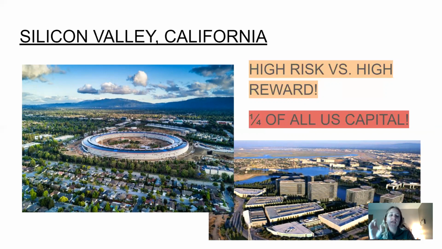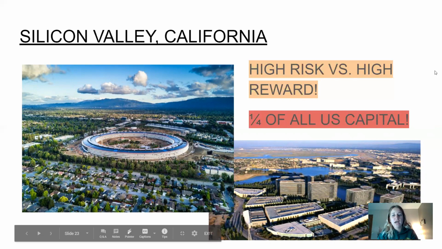So what's happening in Silicon Valley, California is the most important factor in the clustering of high-tech industries in California, Silicon Valley was the availability of capital. This is a huge cluster of factories and businesses. And this highlighted thing right here says high risk versus high reward.